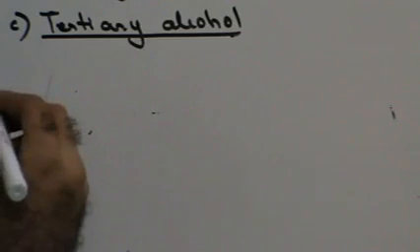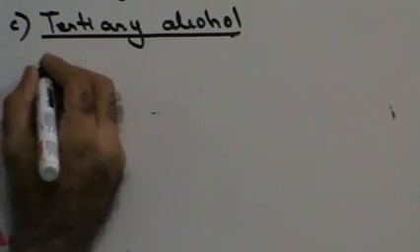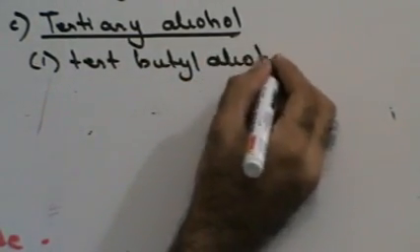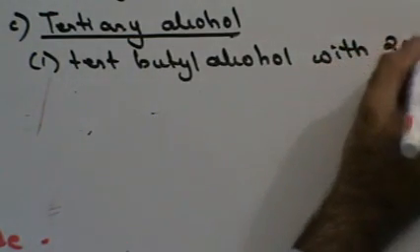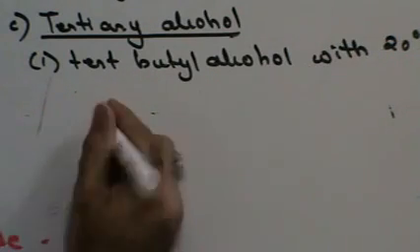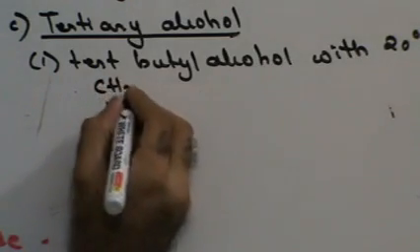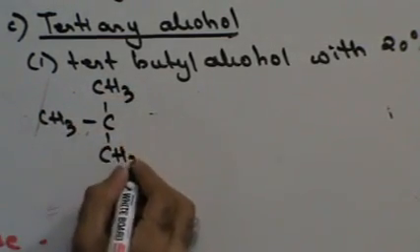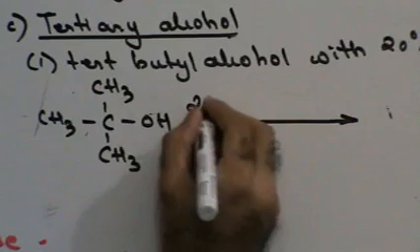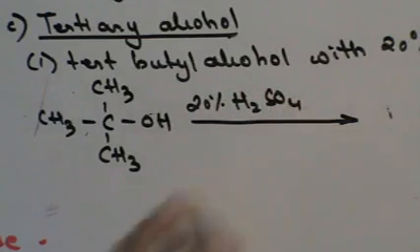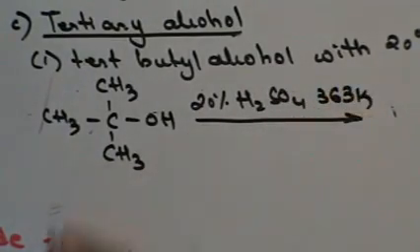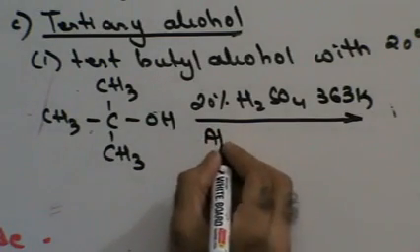Now here, again I'm going to do a reaction of tertiary butyl alcohol with 20% sulfuric acid. Tertiary butyl, 4 carbon atoms, alcohol, with 20% sulfuric acid at 363 Kelvin, or I can use aluminium oxide at 623 Kelvin.